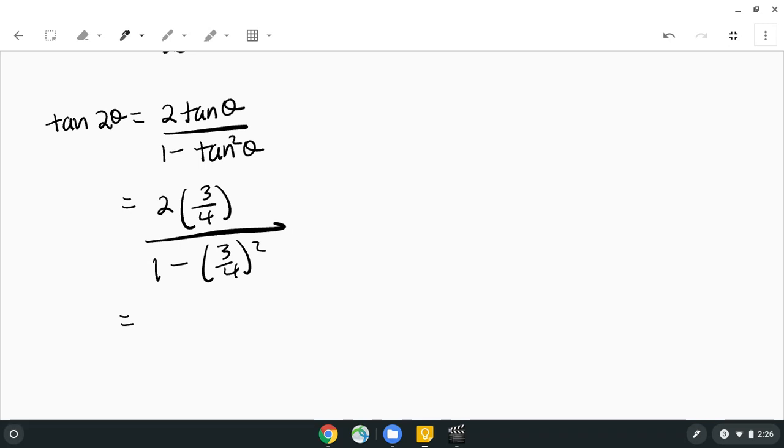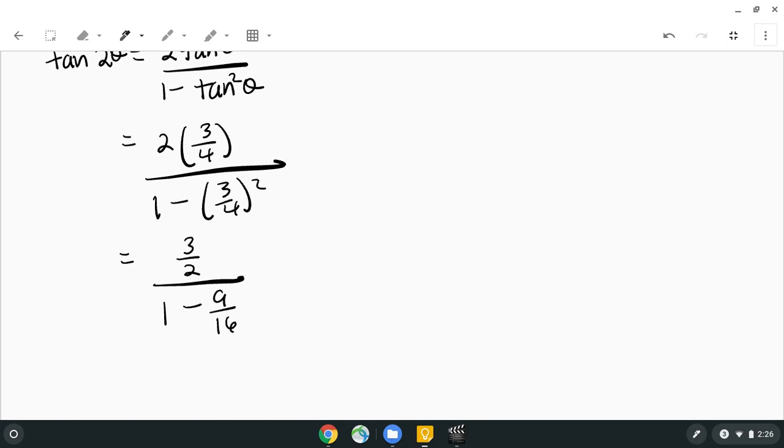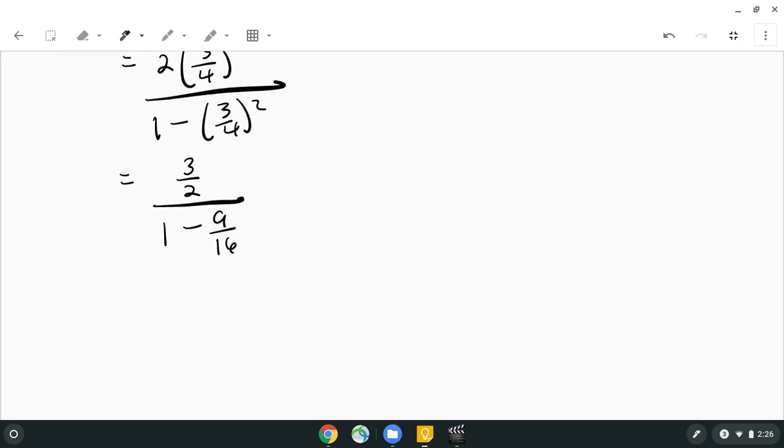So here in the numerator, the 2 and the 4 will cancel, leaving me with 3 over 2. And down below, I will get 1 minus 9 over 16. There are different ways to go about this.